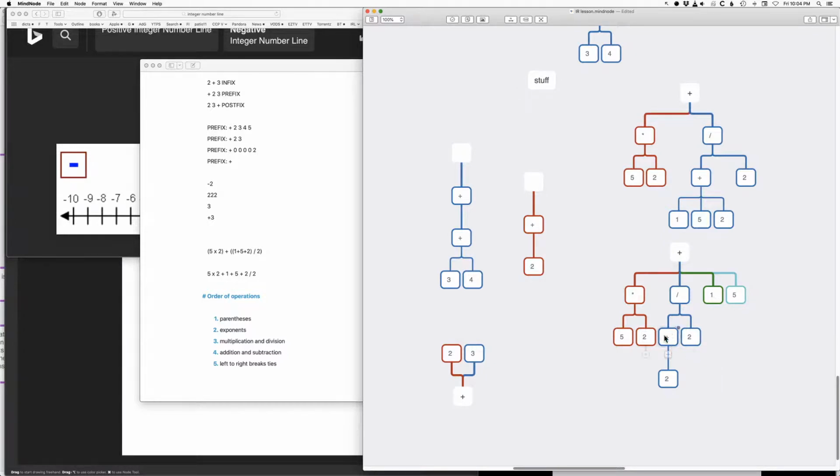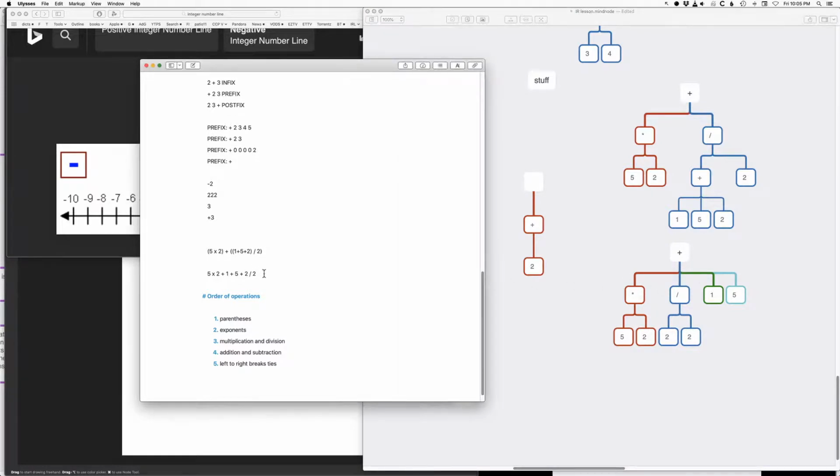I guess we can delete this plus, but it's harmless. Alright, deleted the 2 with it. There we go. So this is what you did when it was no parentheses with regular order of operations.